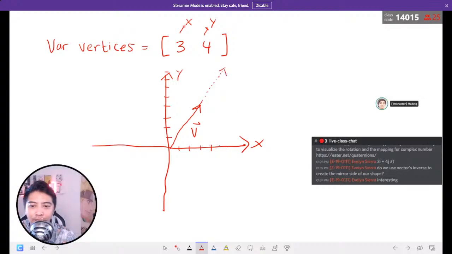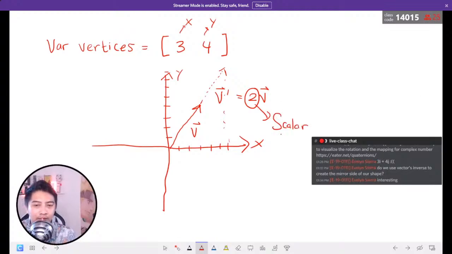So I say that this second V apostrophe or V accent is basically 2V, right? And here is the scalar. We have V as a vector and we have a scalar. Now you understand, it's kind of like a spoiler.